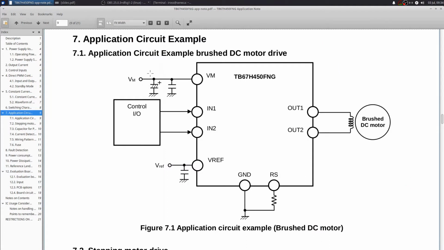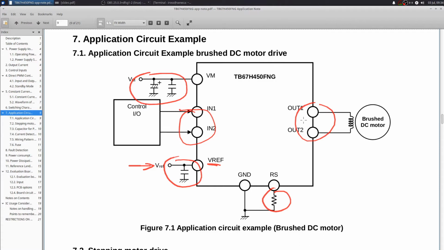So there's some bypass capacitors for the power. There's a bypass capacitor for this reference voltage. There's a sense resistor that we're going to have to deal with. We need to do something about setting this reference voltage, so we'll talk about all of that. And then the input and output connections are pretty straightforward.